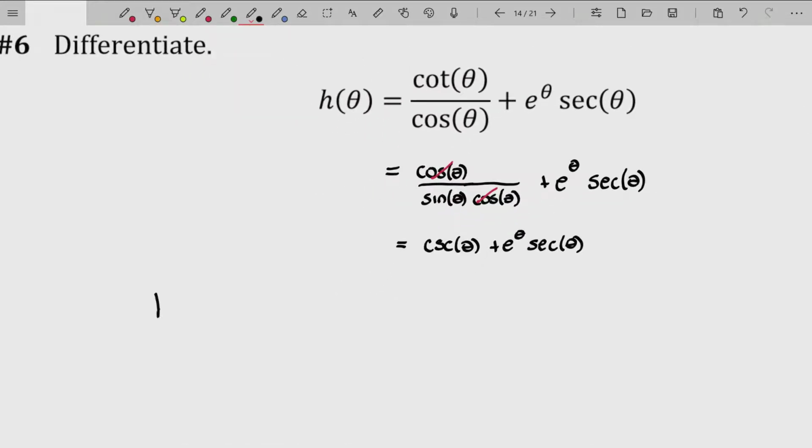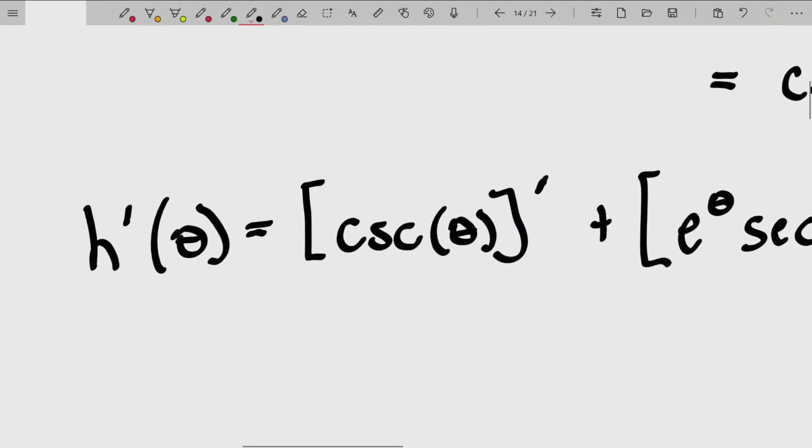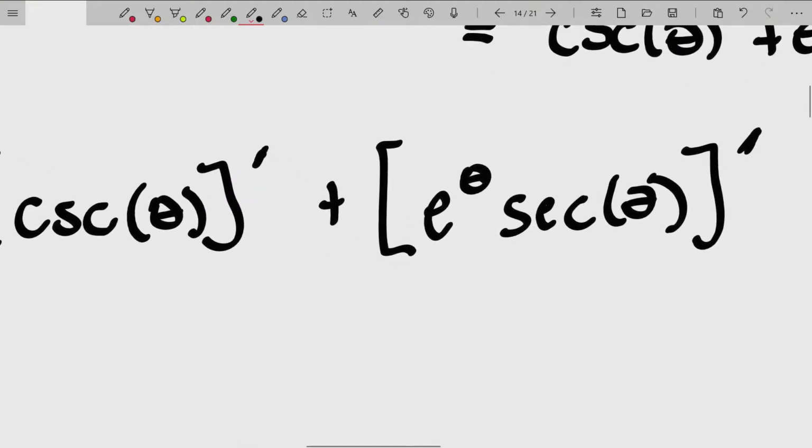Otherwise, h prime of theta. Well, that would be the derivative of the cosecant of theta plus the derivative of e to the theta secant of theta. One of those derivatives is fast. That would be the first one. The second derivative is a product rule.